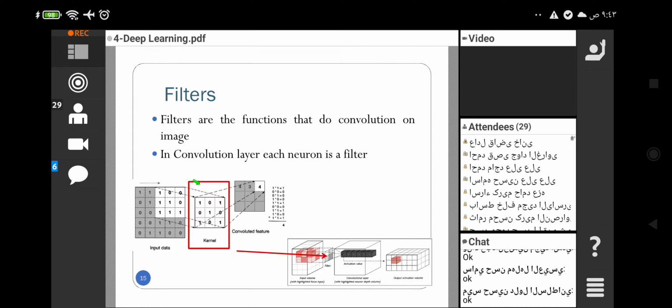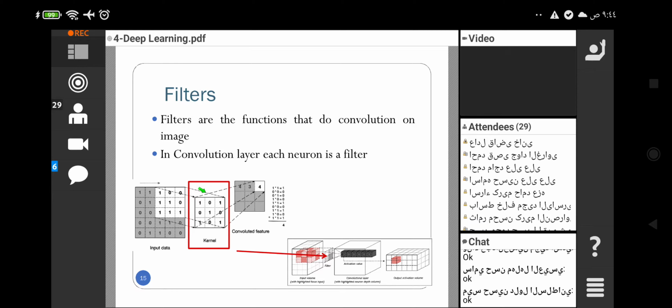So in the convolution layer, we are doing multiple convolutions on the inputs. If we have an image, we do multiple convolutions on that image, and this gives us some results, some outputs. So in the convolution layer we have some neurons, and each of these neurons is a kernel.